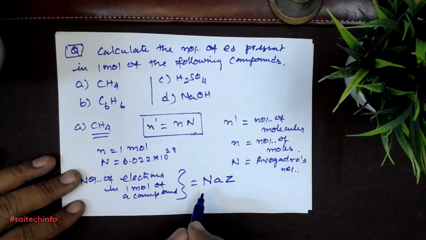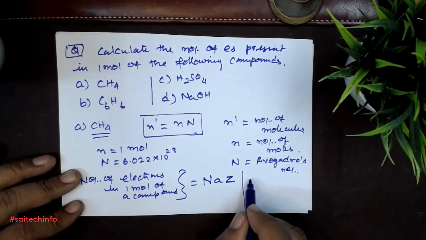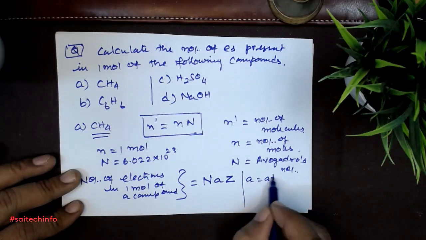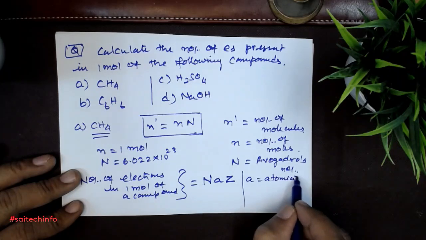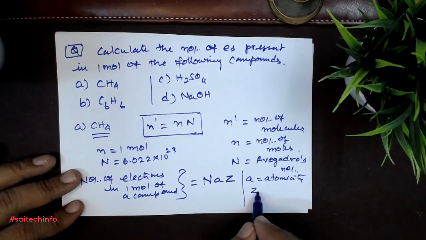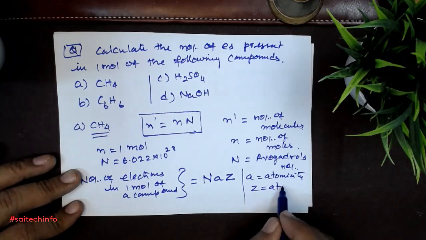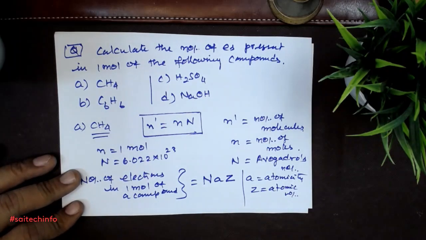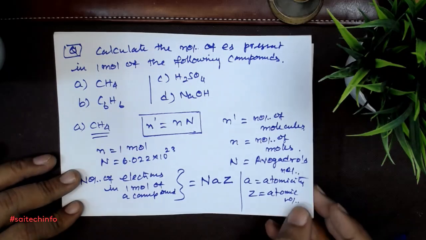A is atomicity. Z is atomic number. Got it?